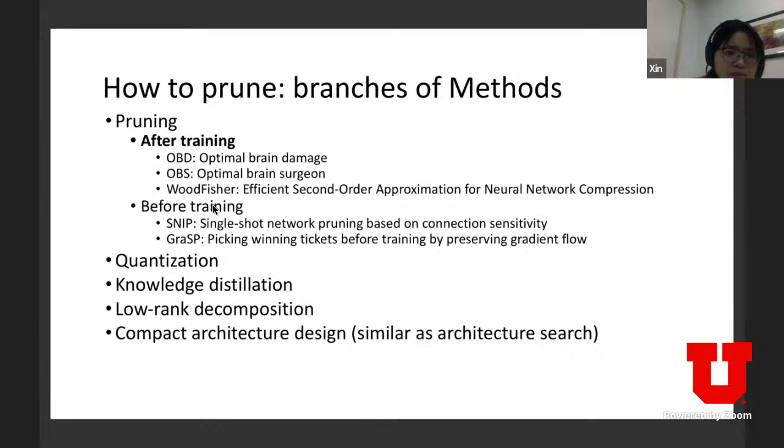I forgot to add them to this slide. And for the other methods, for comparison, that can include quantization and also knowledge distillation. For those two methods, there are also some papers that use Bayesian methods, but I will not cover them today. If we have one additional presentation, I will do it later.